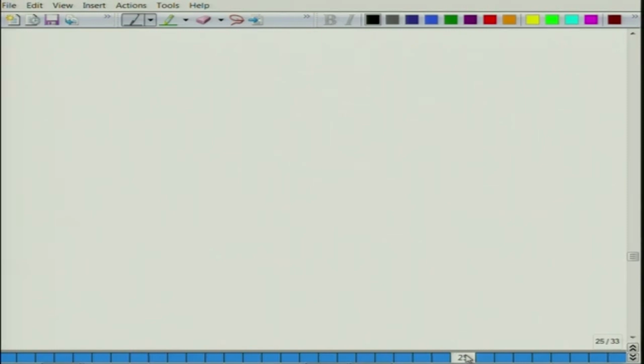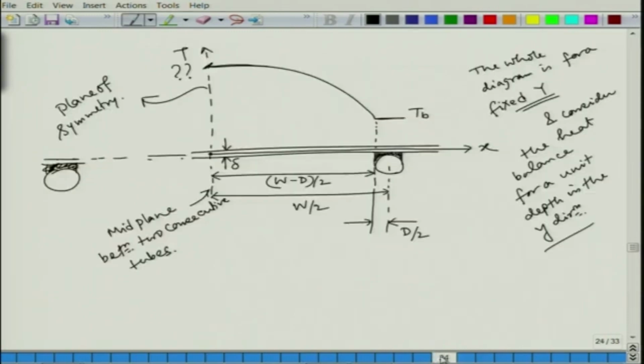So, what we can write is that the incoming, okay, let me just take a small slice here at any x. Let us take a slice delta x at a certain value of x. Okay.